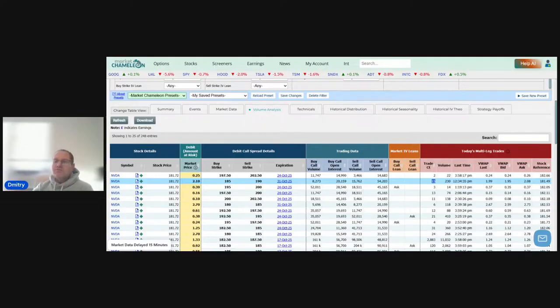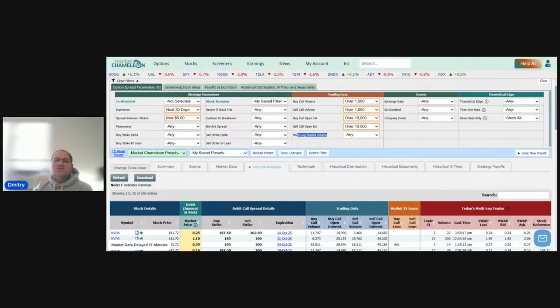Okay, because now we could reference the prices it traded at, the relative price to the display bid and offer, where the reference stock price was. We could go and look how many times the spread traded and the volume. So let's say that this multi-leg traded as a multi-leg, the volume has to be at least 100 or more in a day. Okay, so at least this spread had to trade at least 100 times on the day for us to go and look further.